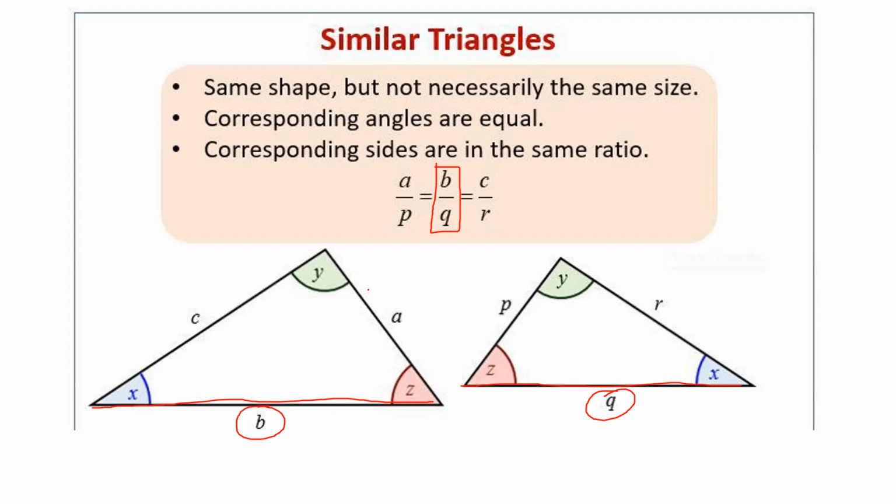So let's look at this side, A, and look at P. Those two sides are corresponding sides, right? So the ratio of these two sides is going to be equal to the ratio of B over Q. So the ratio of these two sides is equal to the ratio of the other two sides, which are corresponding to each other.